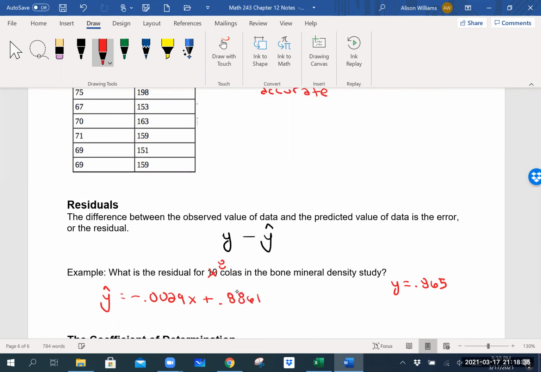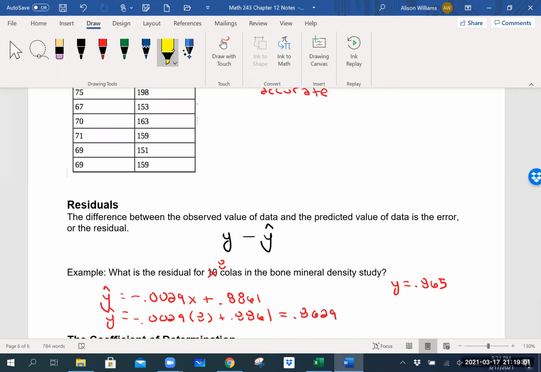Okay, so we're using this to predict 8 colas. I'm getting 0.8629.